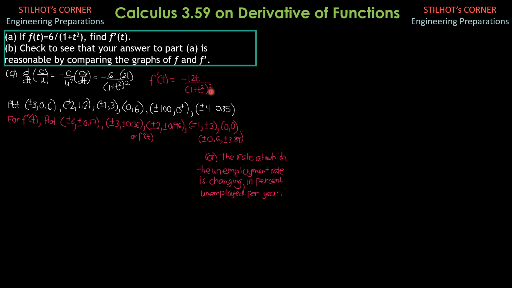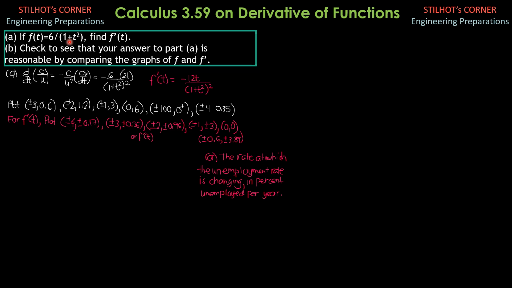So we now plot the graph of f of t first, 6 over 1 plus t squared, by point plotting when t is plus minus 4. So this is the first point supposedly. Then you also use your calculator to estimate the corresponding f of t. So this is 6 over 17 to be exact.